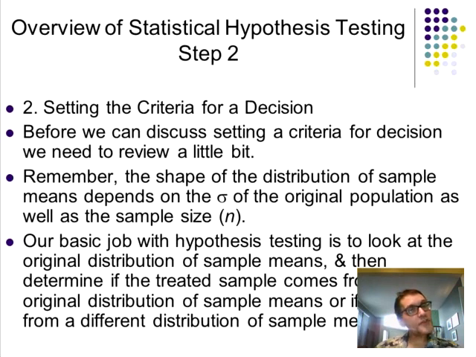No matter what the population of raw scores looks like, the distribution of sample means will have a mu exactly equal to the mu of the raw scores. It will have a standard deviation that is called standard error, and it will be equal to the original sigma divided by the square root of n.